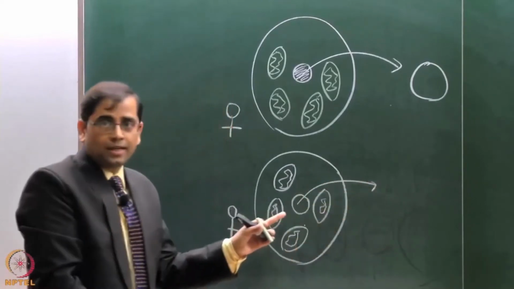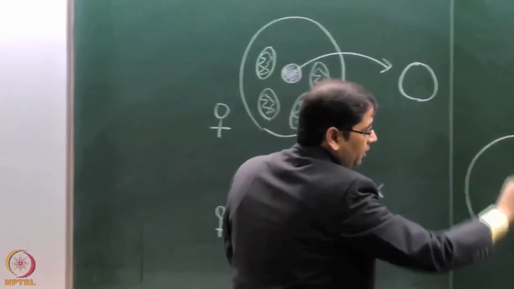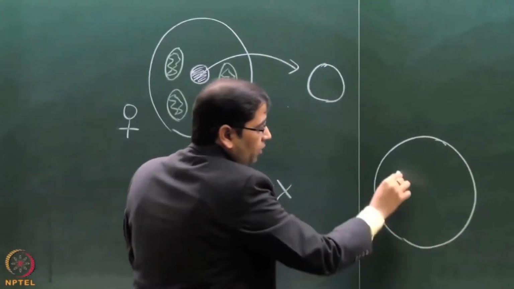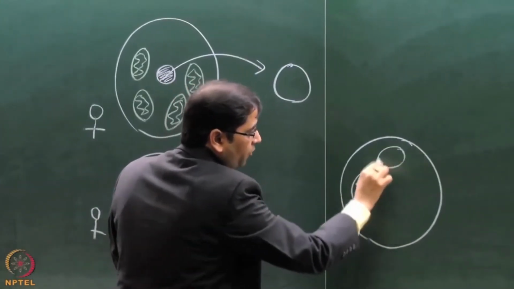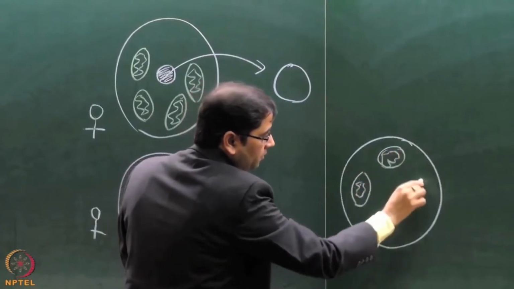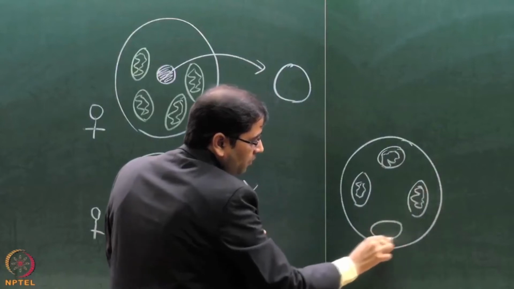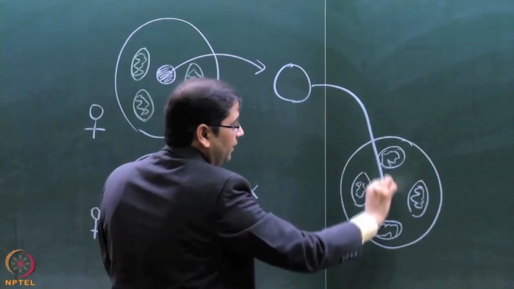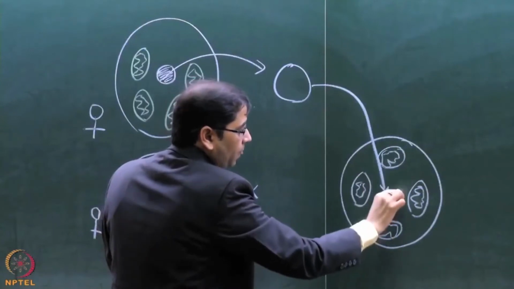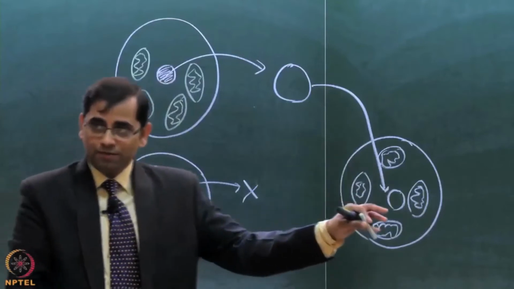You remove the nucleus here as well, and destroy this nucleus. So now in this female, you have only mitochondria, and they are normal mitochondria. Now can you move this particular nucleus inside here, which will provide the normal mitochondria and normal nucleus both?